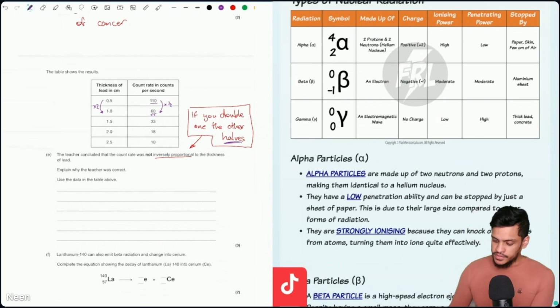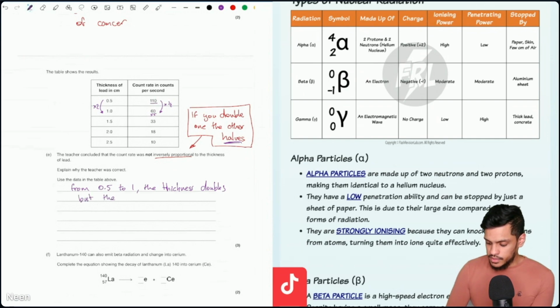So use the data in the table above. How would you show this in your exams? Just add the numbers and say: from 0.5 to 1, the thickness doubles, but the count rate should be 110 divided by 2, which is 55.